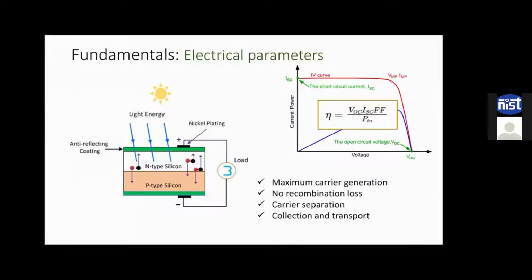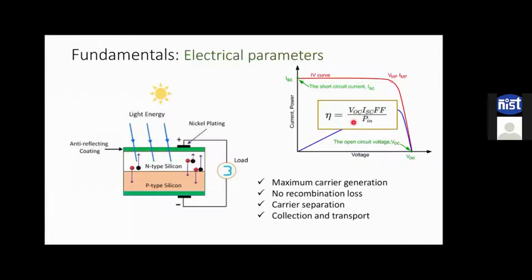And if there is very little recombination loss, meaning you are losing very few photogenerated carriers by recombination, and the carriers are separating nicely across the junction, that means you are improving your open circuit voltage.